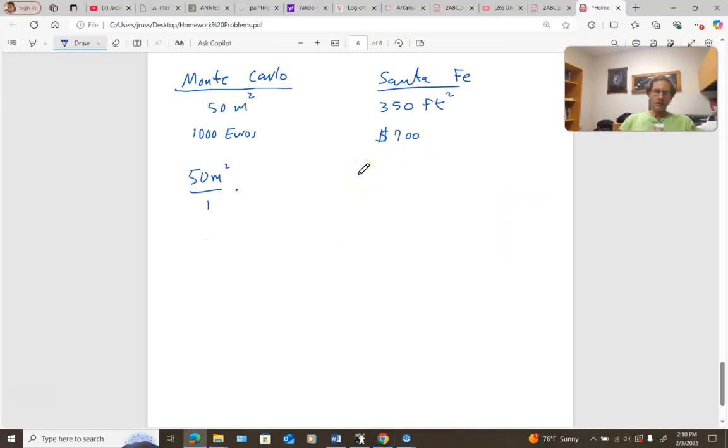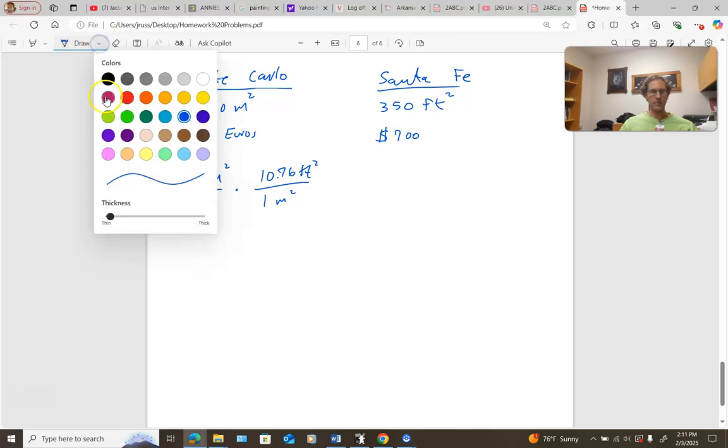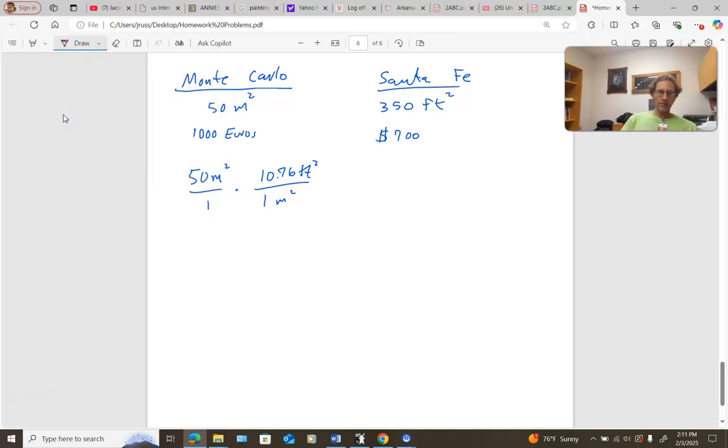So 10.76 square feet is equal to 1 square meter. And notice, I put the square meter down here because I want those to cancel and divide out. So I will cancel those. And so now, if I multiply straight across, my unit will be square feet.